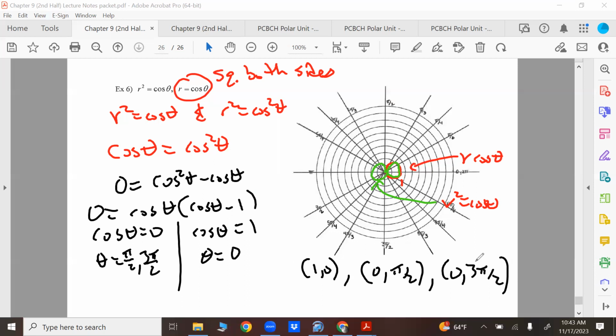Let me think about this one here. You can do 2 pi. Am I still doing it? Yeah, it should be a little lower. Shoot, the green curve I kind of drew a little crazy.